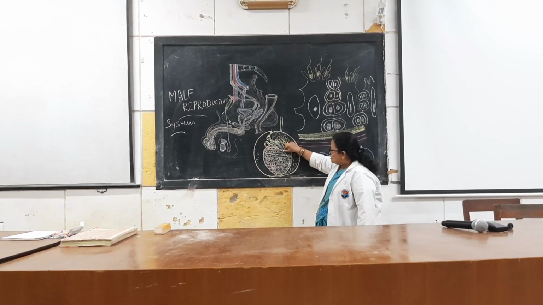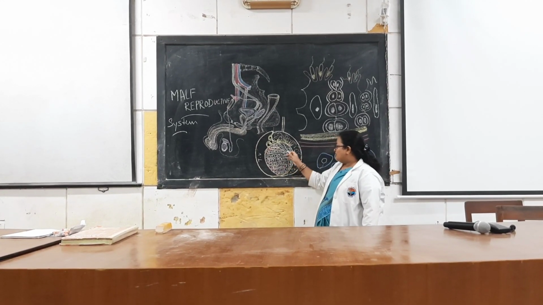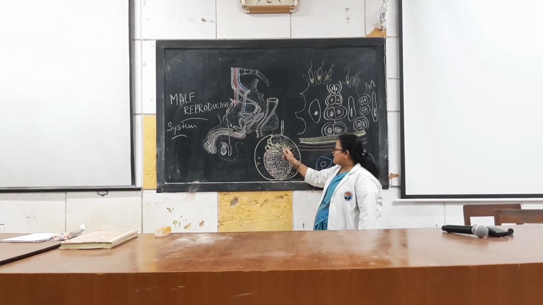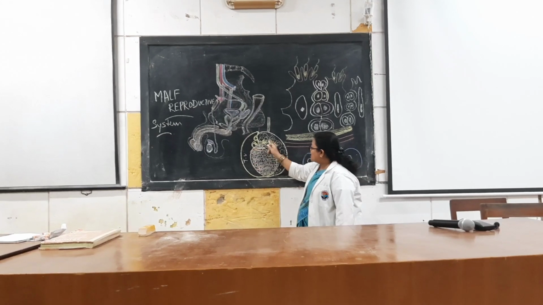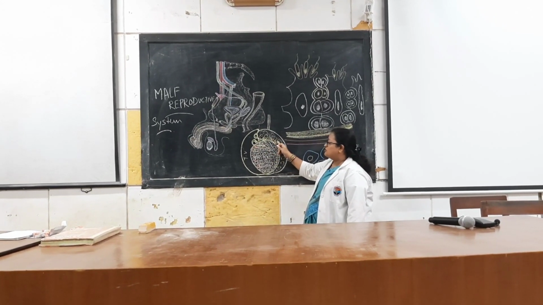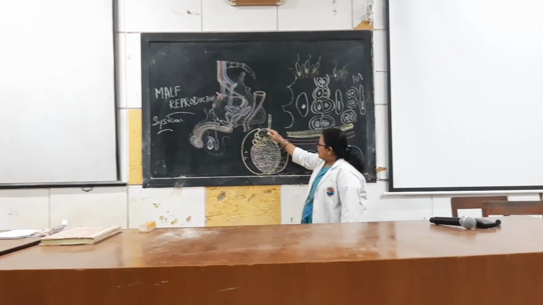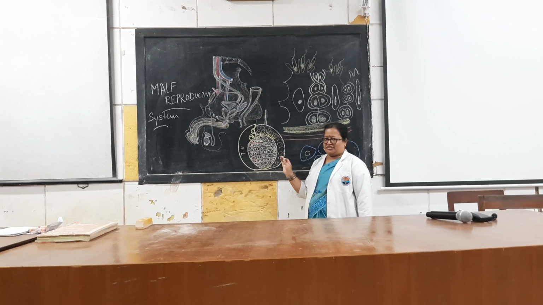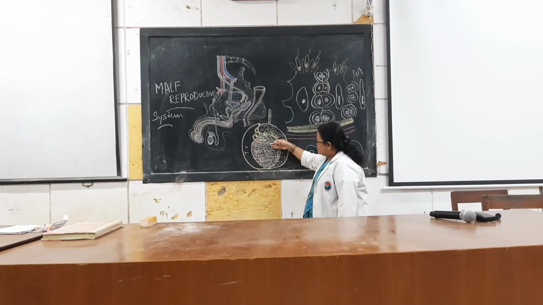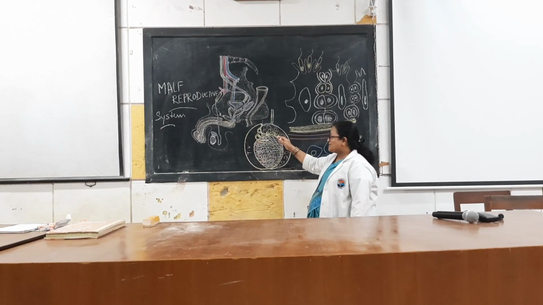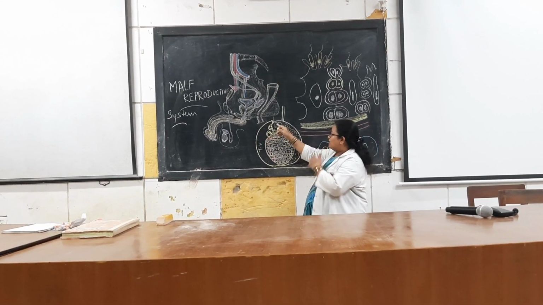These straight tubules form an anastomosing structure in the mediastinum of the testis, called the rete testis. From the rete testis, 12 to 20 efferent ductules arise and go towards the epididymis, a coiled structure present in the posterior border of the testis.